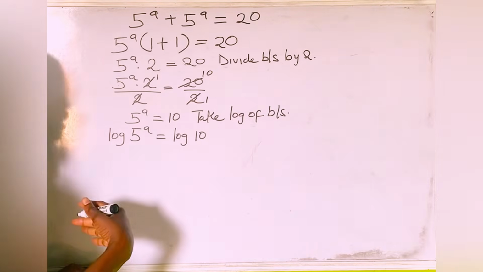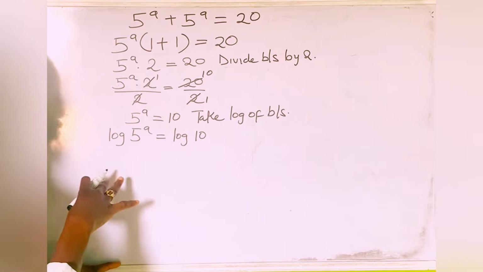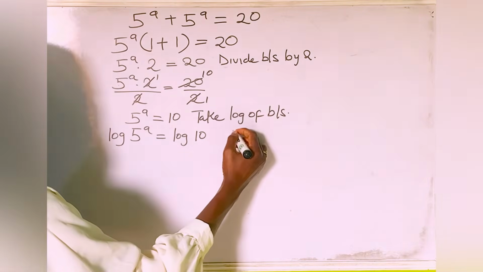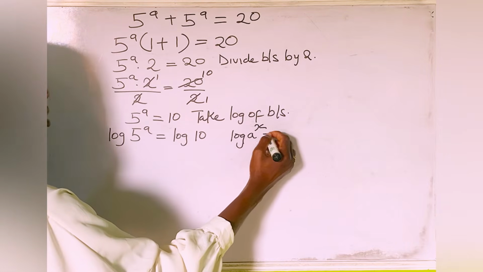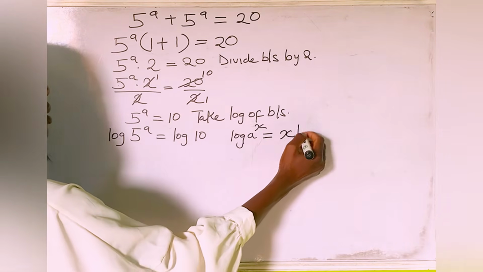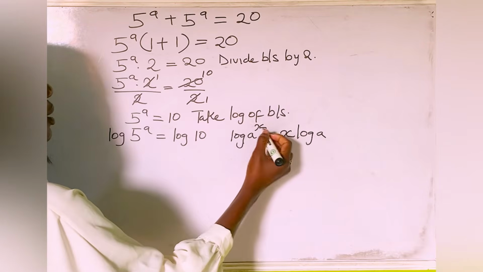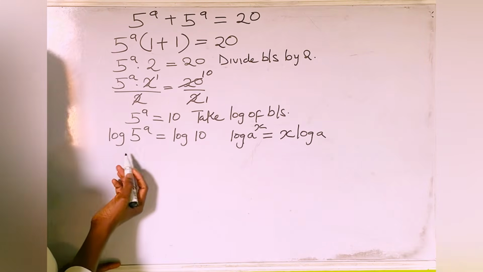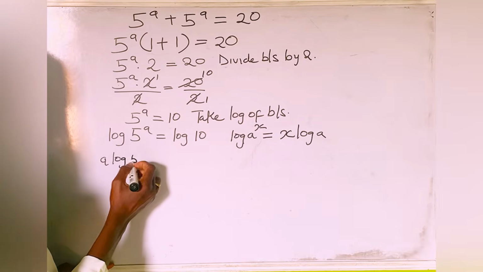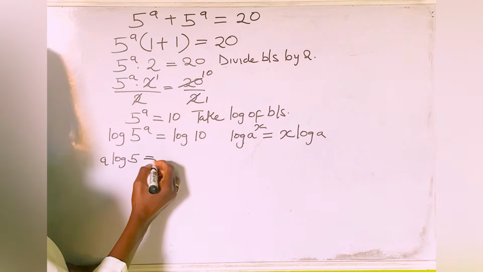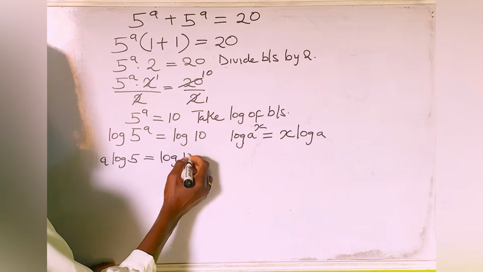Now, to simplify further, we have to apply a law of logarithm where you have log a raised to the power x is equal to x log a. So I'm going to be saying here a log 5 is equal to log 10.